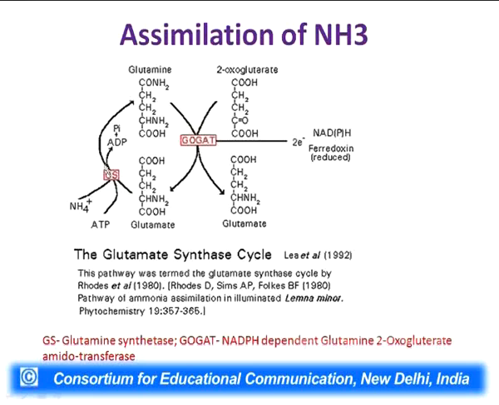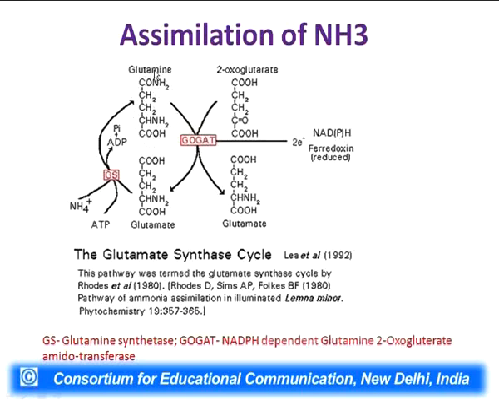This glutamine synthetase can make it into glutamine. You see, this is an amino acid where there is NH2, COOH, and there is another COOH end. So, this acid end at the tip of the glutamate can receive ammonia. So, you get a double amino group, five carbon compound, which is called glutamine.